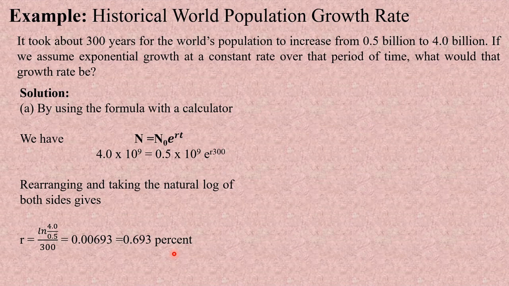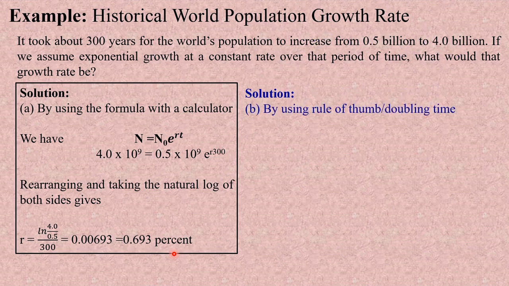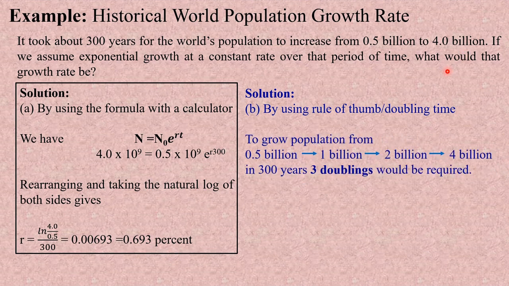But if I use this with the doubling time rule, then you can find that 0.5 billion to 4 billion, there is population grow from 0.5 billion to 1 billion, that is one doubling, 1 billion to 2 billion, that is second doubling, and 2 billion to 4 billion, that is third doubling. So it takes 300 years for 3 doublings.